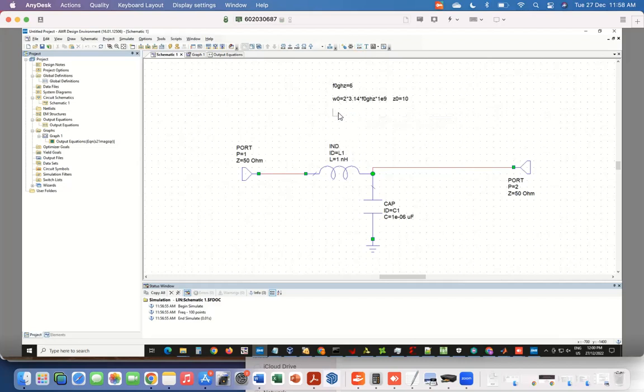C filter is going to be 1 over omega naught into Z naught, and this is going to be in farads. I want it in microfarads, so I multiply by 10 to the power 6.